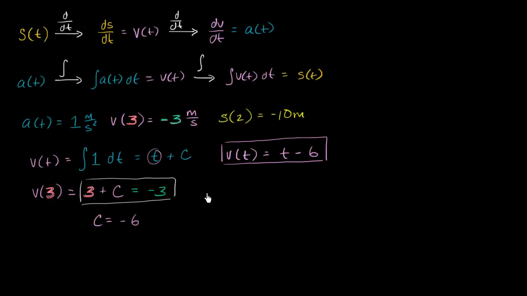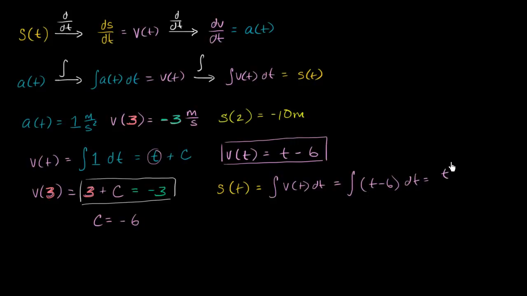We know that position is going to be an antiderivative of the velocity function. So let's write that down. So position as a function of time is going to be equal to the antiderivative of v of t dt, which is equal to the antiderivative of t minus 6 dt, which is equal to, well, the antiderivative of t is t squared over 2.